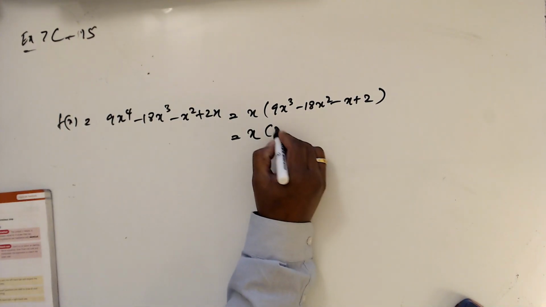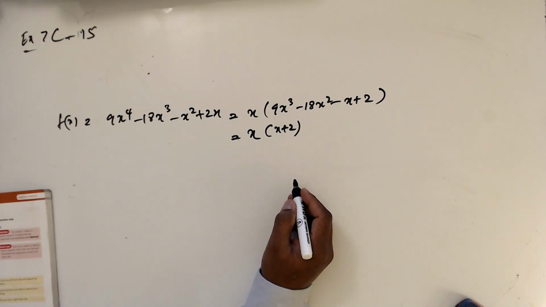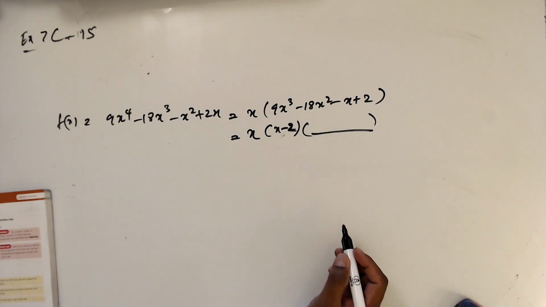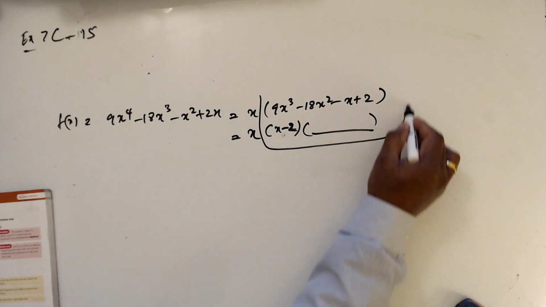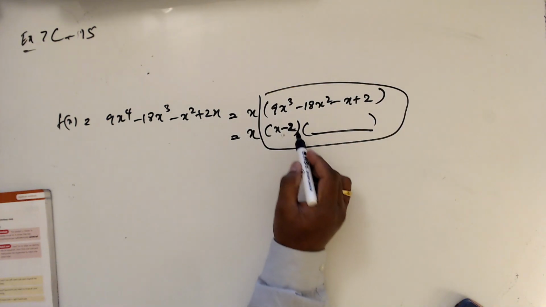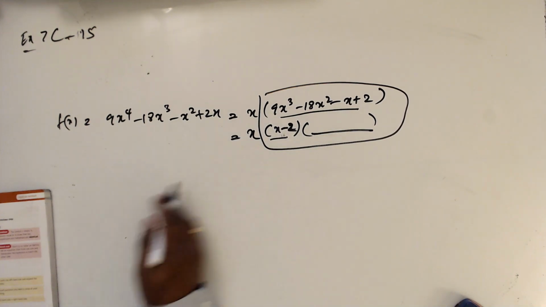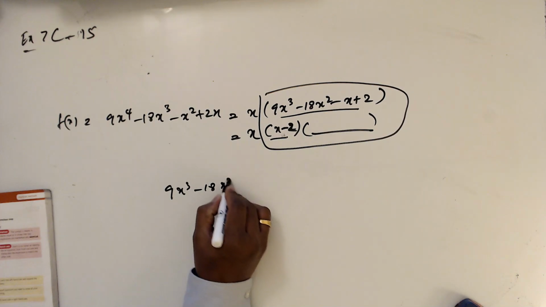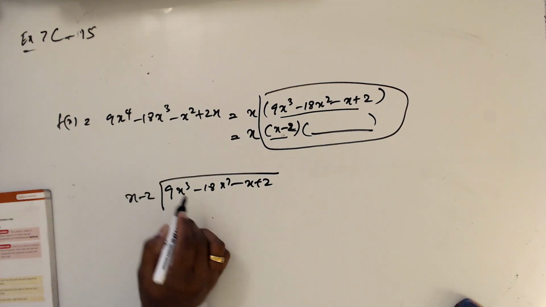Now we know that x − 2 is also a factor, and we want to find the rest. When we keep x out, we can clearly say that 9x³ − 18x² − x + 2 is divisible by x − 2.